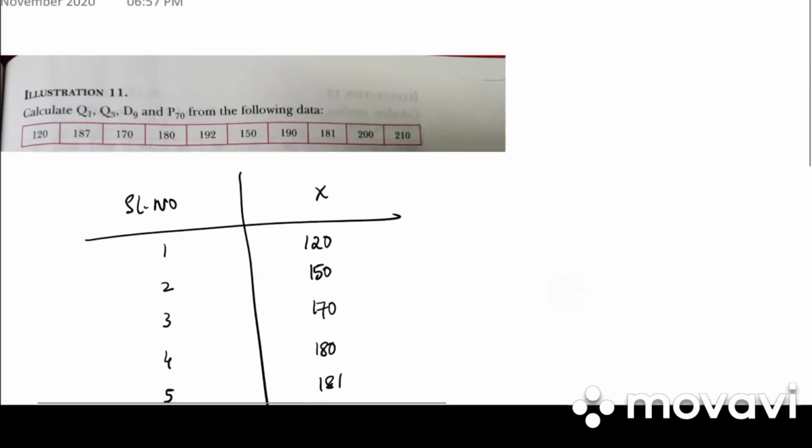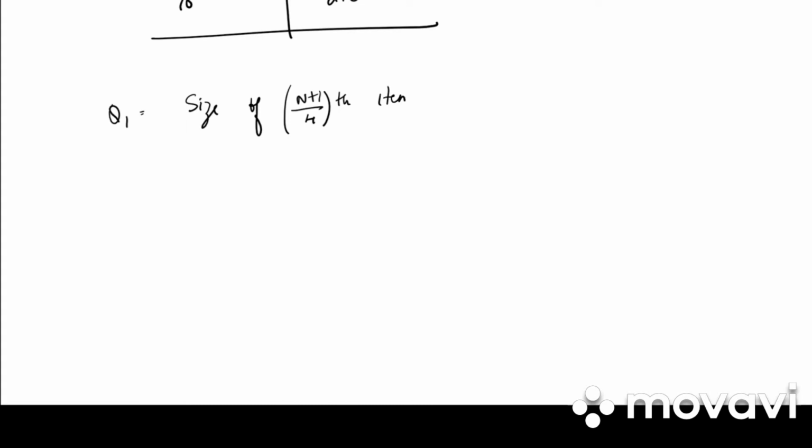So what do we find out? Q1, Q3. So first we find Q1. Q1 is equal to size of n plus 1 divided by 4th item. N is 10 plus 1 divided by 4, that is 11 divided by 4, it is 2.75 item.